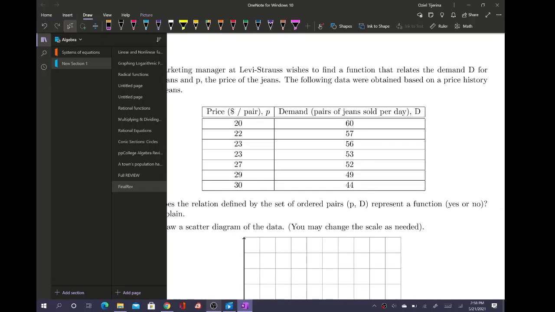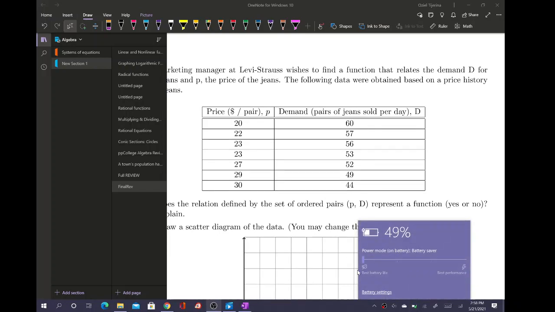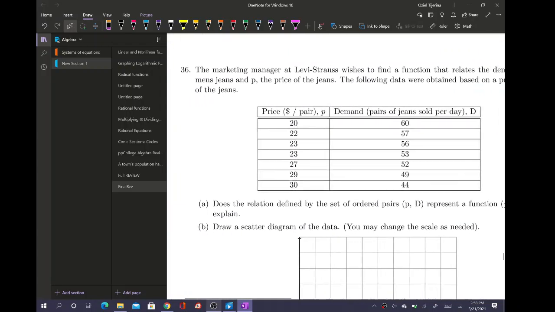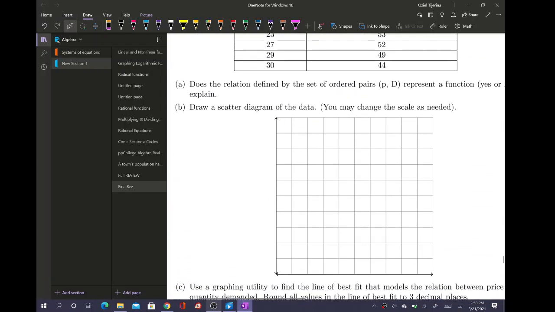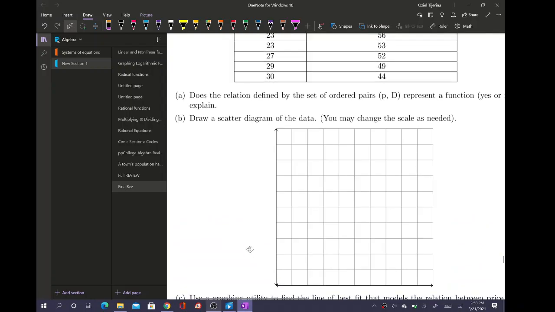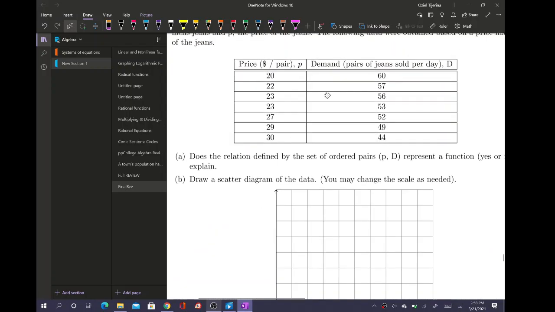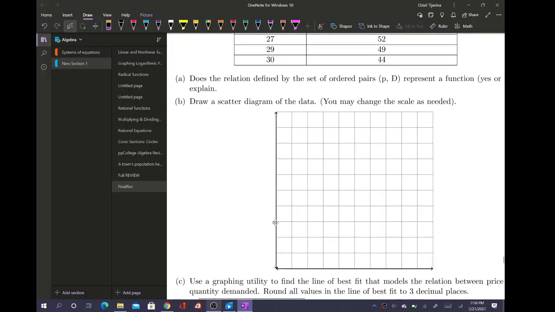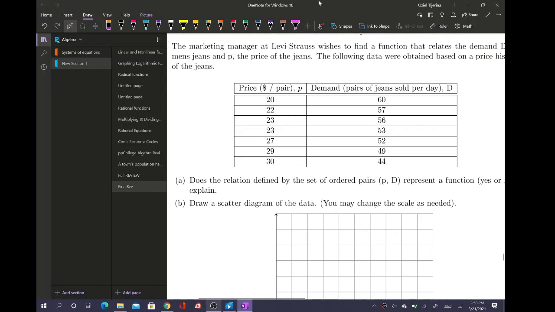Okay, so I can do a scatter plot of this.